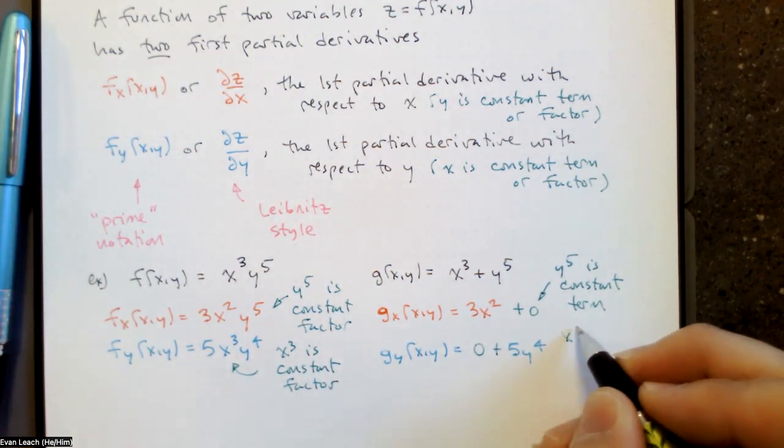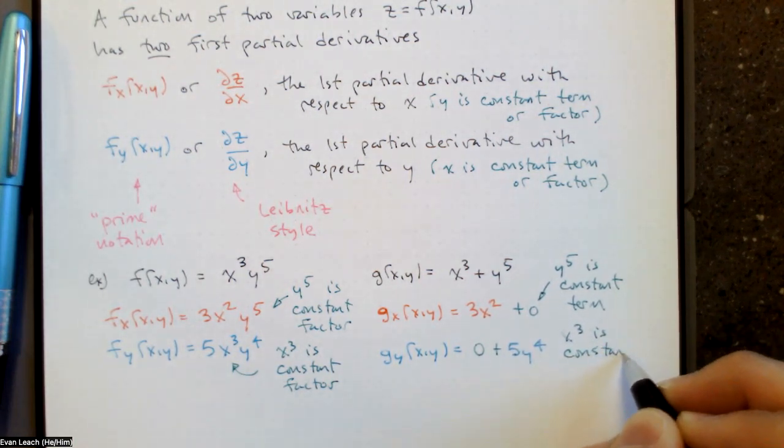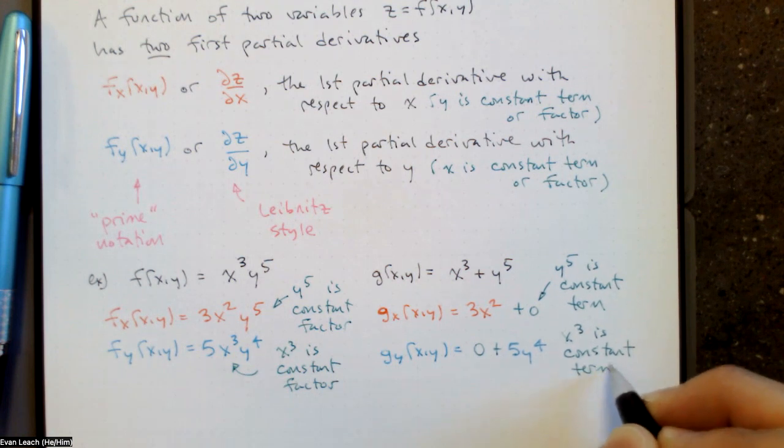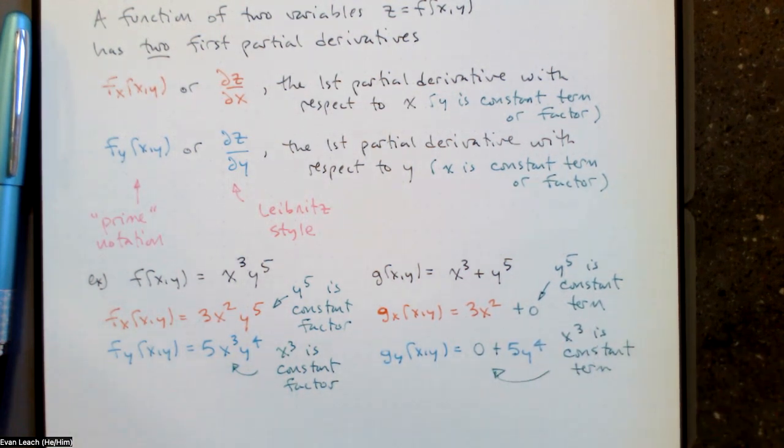And x cubed is a constant term. Derivative of a constant term is 0. All we have to do now is combine this with all the other things that we know.